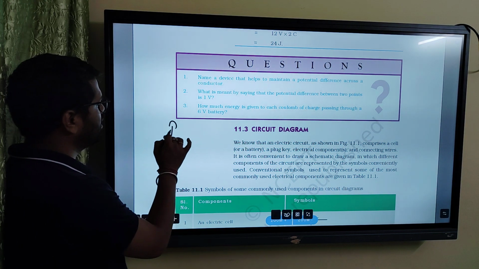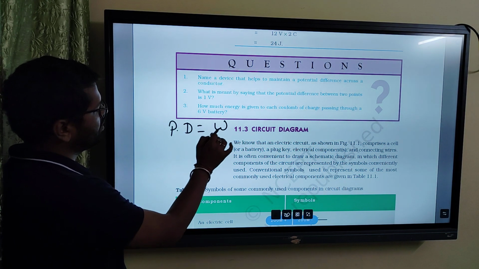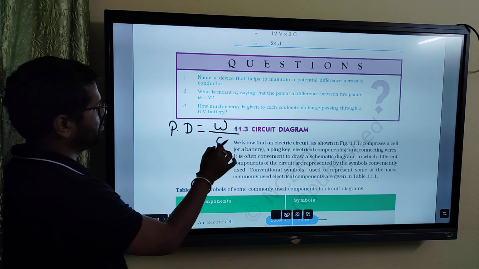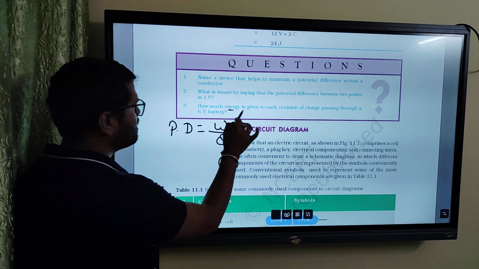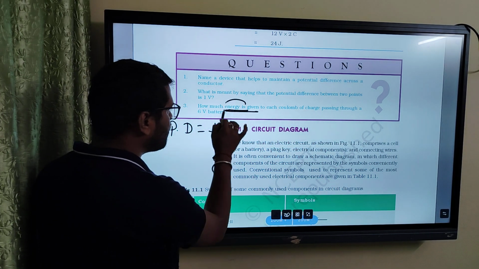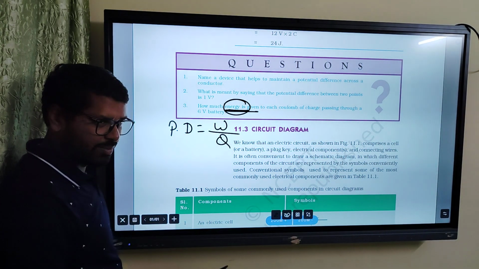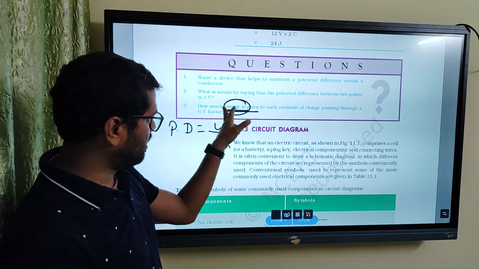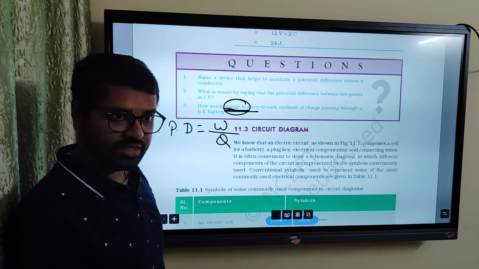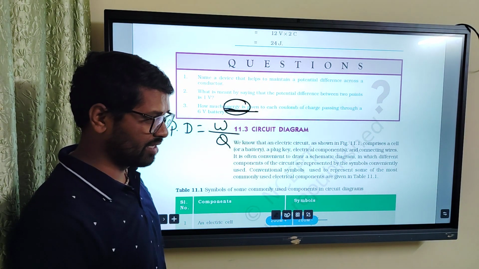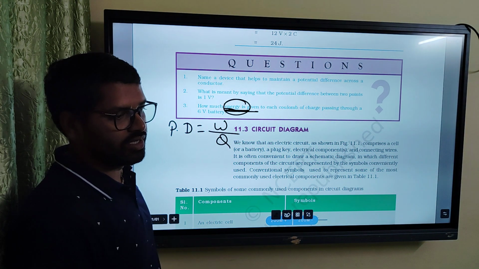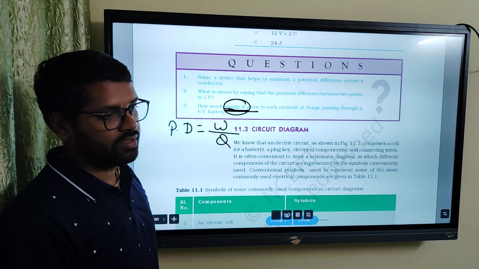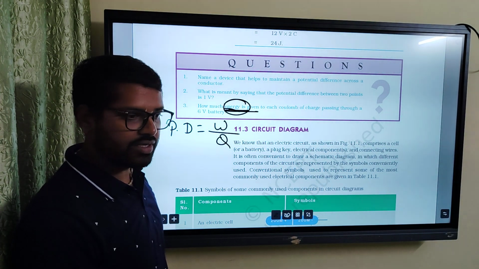Again, potential difference equals work by charge. Now, how much energy? Energy and work are both similar things. The unit of both is joule. Don't get confused. Here they have asked energy. Energy and work are the same thing. How much energy you have, that much work you will do.